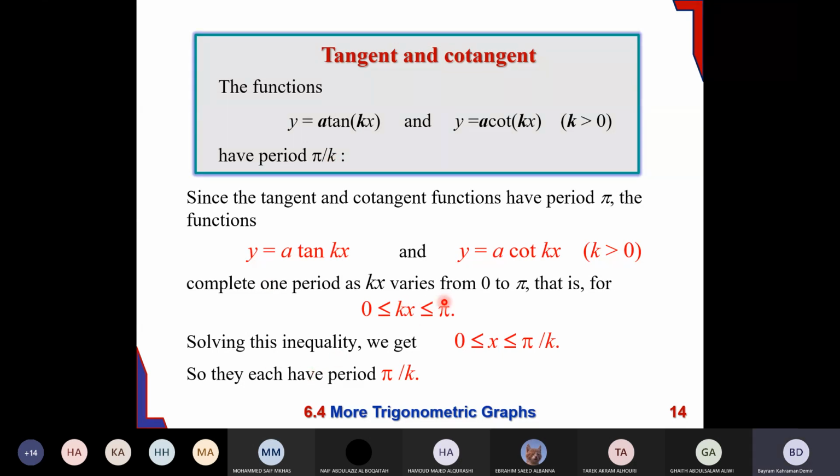And to sketch the graph, it was originally between 0 and pi for cotangent. Remember, between 0 and pi. But now for kx, it will be between 0 and pi over k for the cotangent. So it's going to be the one period for cotangent from 0 to pi over k.